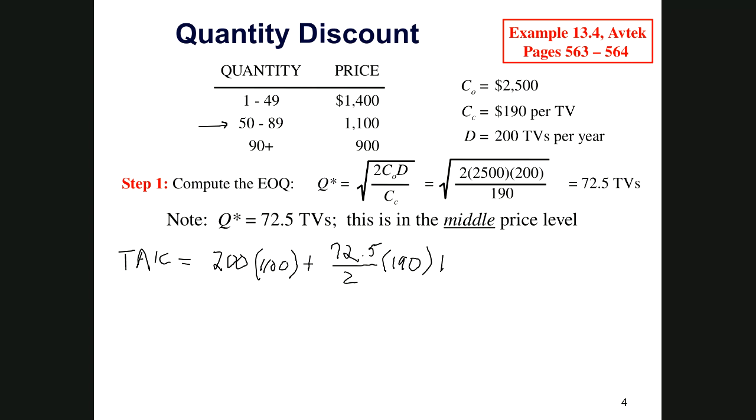plus the number of orders that we make, which is going to be 200 televisions, and we're going to order 72.5 each time. And our ordering cost is, of course, $2,500.